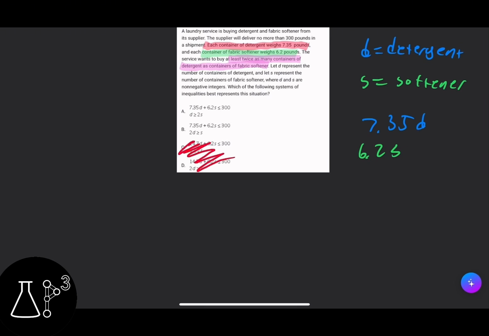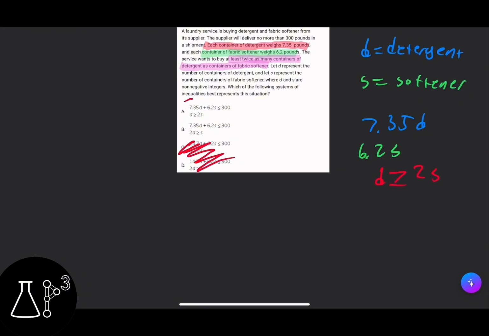So now we have to figure out what the bottom portion means. Well, what's highlighted in pink can give us the answer. The service wants to buy at least twice as many containers of detergent as containers of fabric softener. So what does that mean? There should be twice as many detergents as fabric softeners, so D is greater than or equal to S. And where is that answer located?